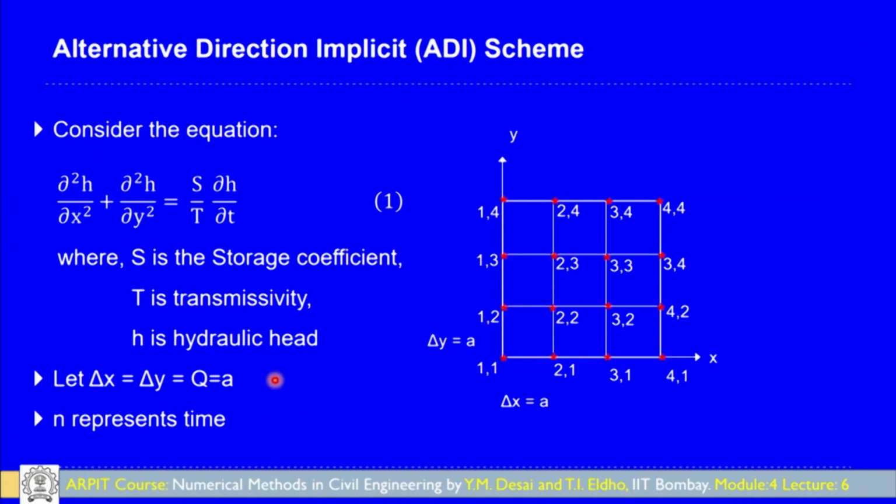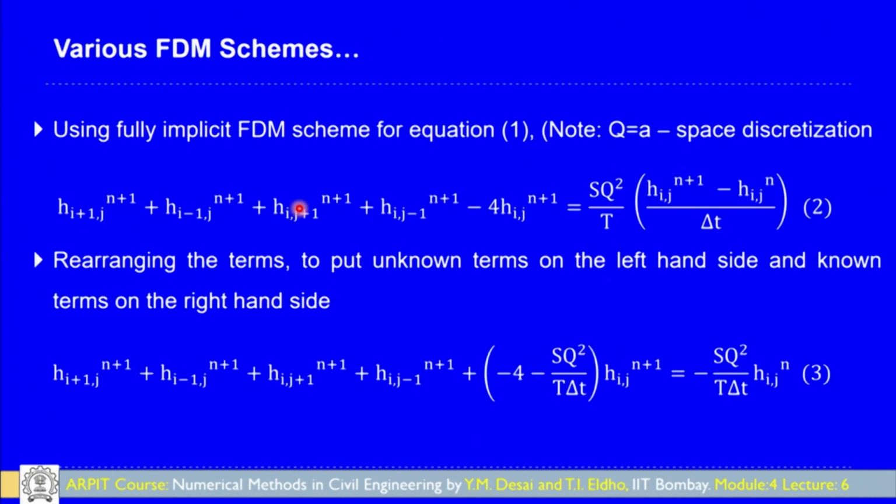Using the fully implicit finite difference scheme for equation 1, we can write h(i+1,j)^(n+1) + h(i-1,j)^(n+1) + h(i,j+1)^(n+1) + h(i,j-1)^(n+1) - 4 h(i,j)^(n+1) is equal to S q square by T into (h(i,j)^(n+1) - h(i,j)^n) by delta t.